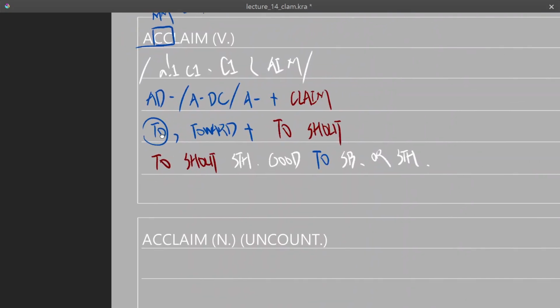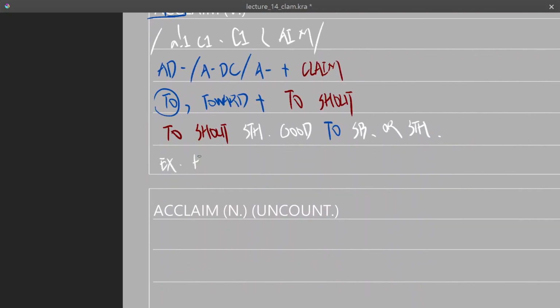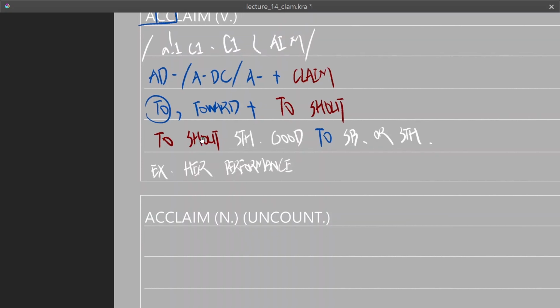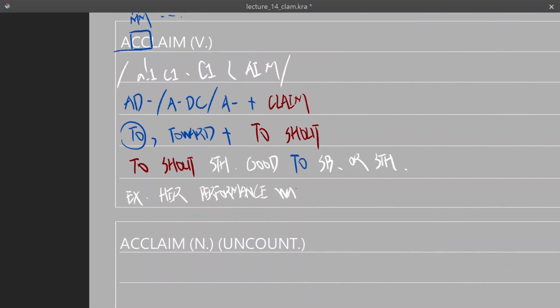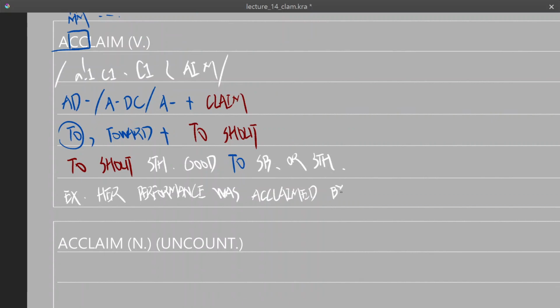So for example, let's say: her performance was acclaimed by spectators.